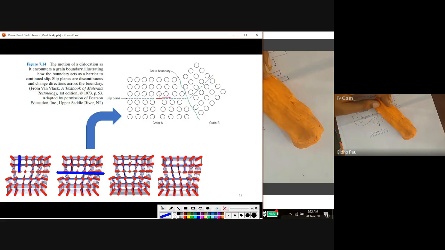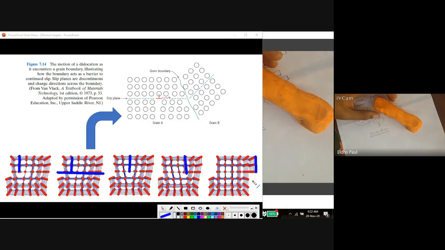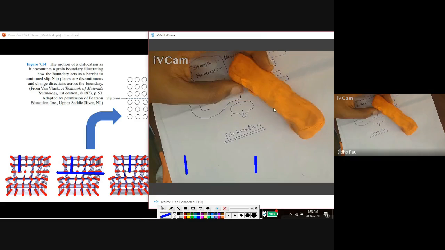That is a dislocation. We can see this extra half plane is here, and here it is, and here it is. This extra half plane is moving, and finally it reaches the edge. Many such dislocation movements result in the deformation of the material.